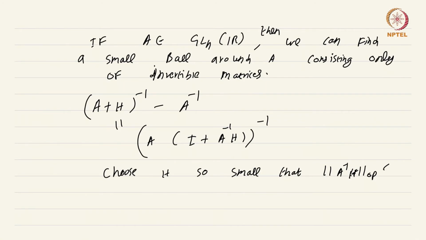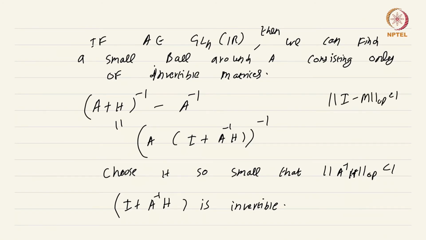Okay. Now this means I + A^{-1}H is invertible. That's just by the discussion that we had, that if the operator norm of I minus M is less than 1, then M is invertible.